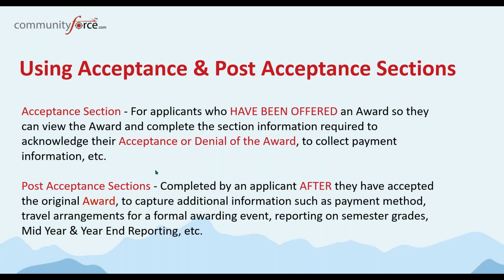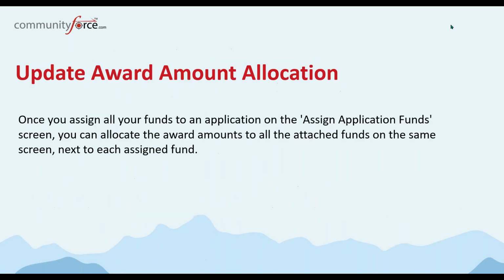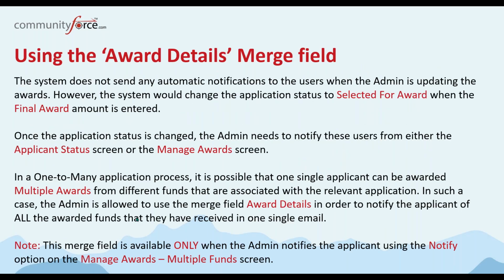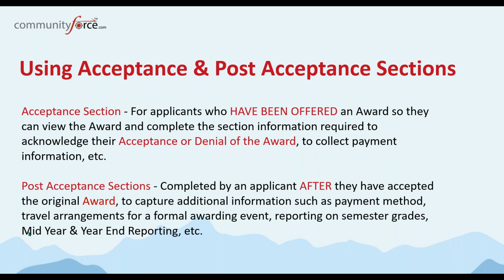I like to create those in a post-accepted section because I don't want them seeing that they need to do a thank you letter until after they've accepted the award. You can pull all of that out and put it in post-accepted sections, and then they only do it if they've accepted the award. For post-accepted sections, let's talk about how to build those.